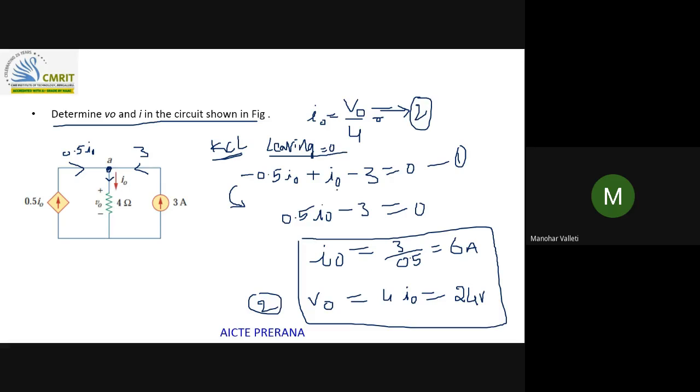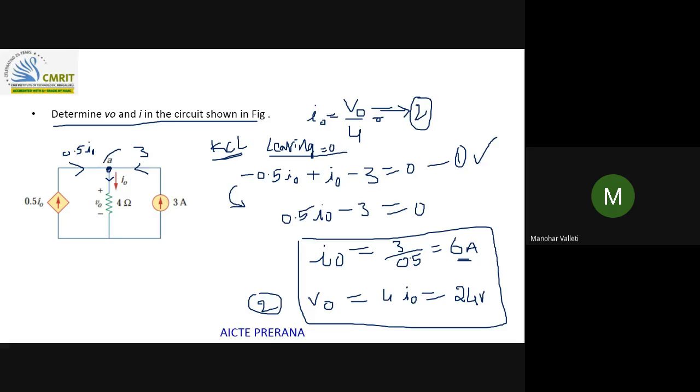and in this 4 ohm branch I naught current is flowing. From this branch 3 amps is flowing. As it is entering current, I will write that entering current as minus 3 like this. So this is the KCL equation. If you solve this equation, 0.5 plus 0.5 I naught minus 3 equal to 0, I naught I will get 6 amps.